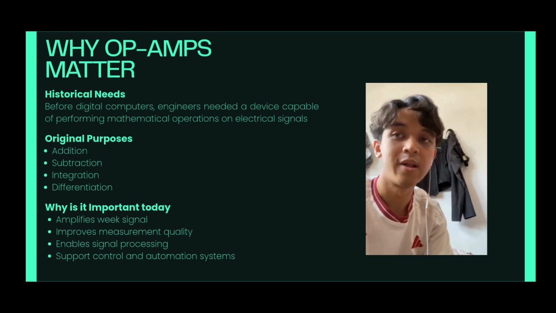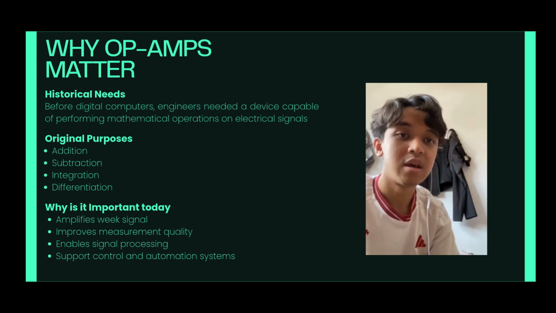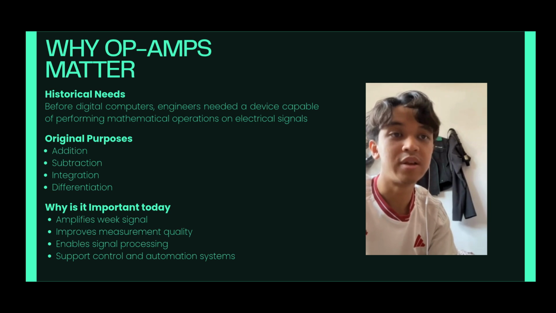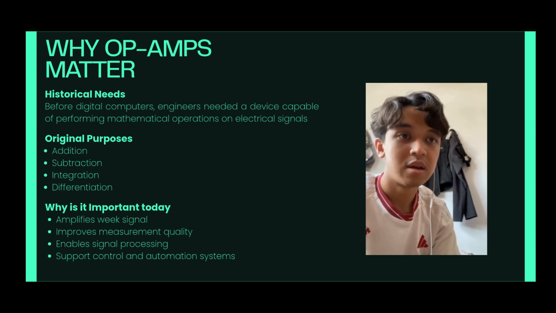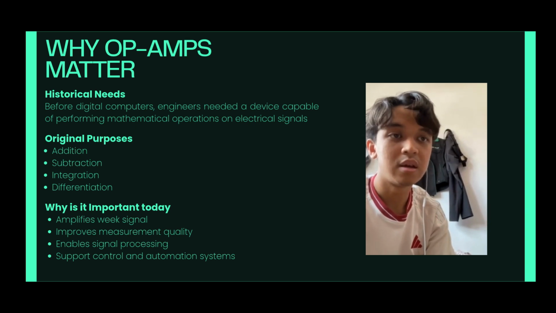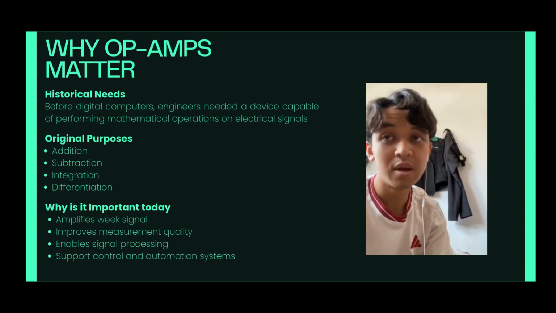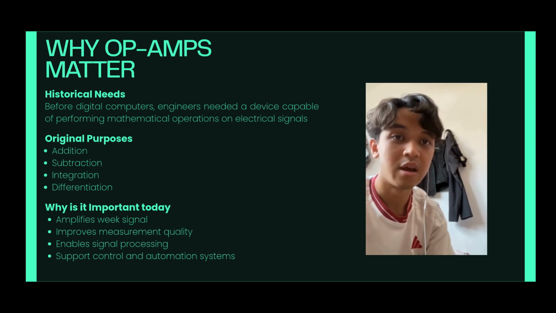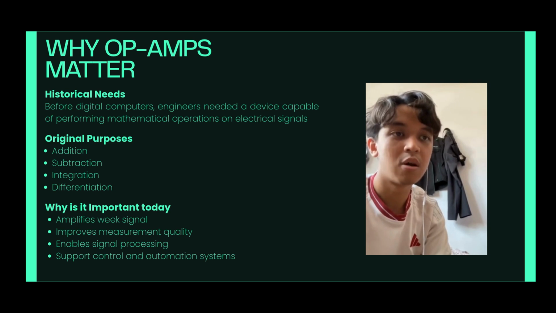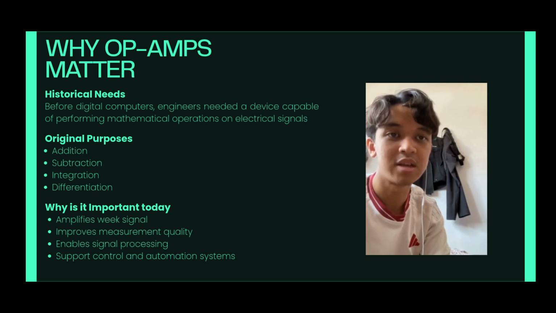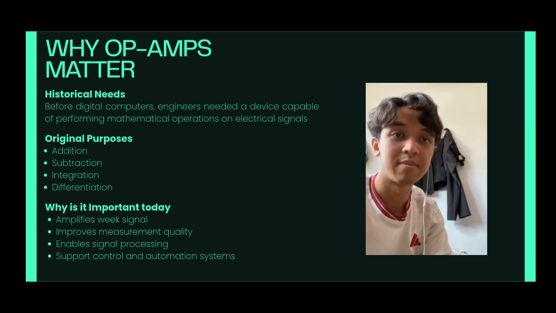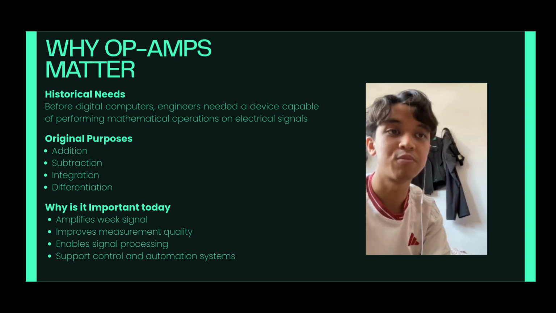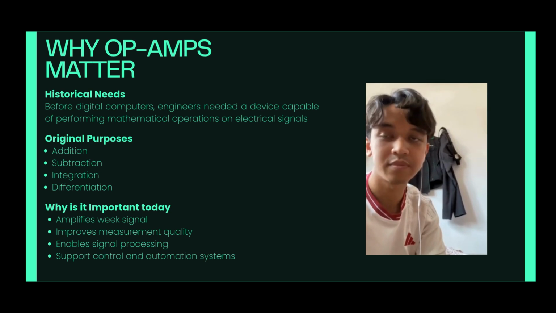While digital microprocessors handle most computation today, you might ask, why is the op-amp still so critical in modern electronics? Well, the physical world is inherently analog. Because of this, op-amps remain indispensable today for four main reasons. First, they amplify weak signals. Think about a tiny biosignal from medical equipment or faint data from an environmental sensor. Op-amps boost them to a level a computer can actually read.